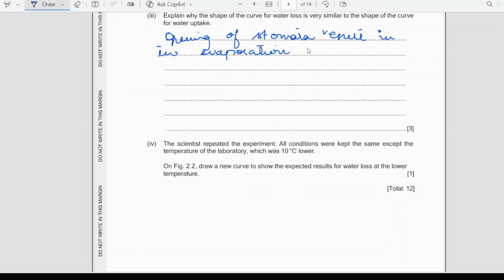Good. Water is taken up by roots, by osmosis. Then it travels up the xylem.